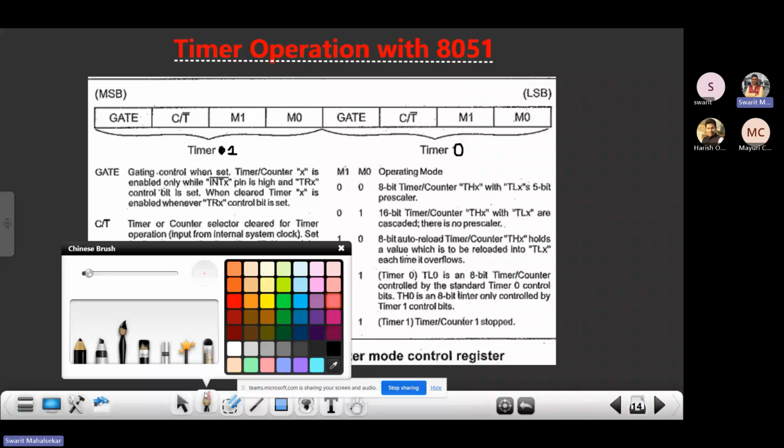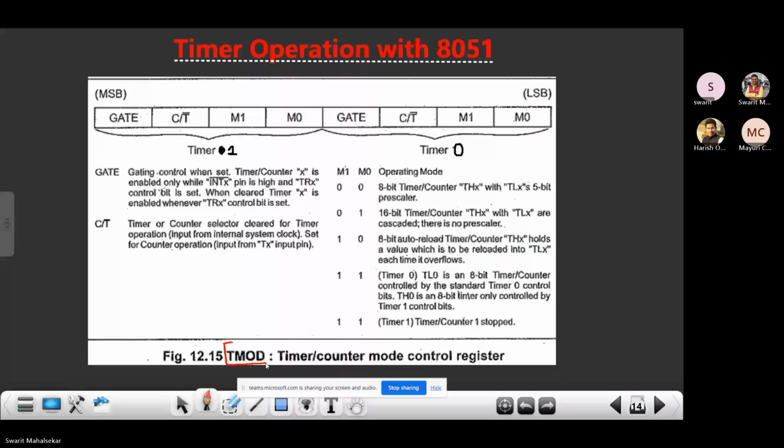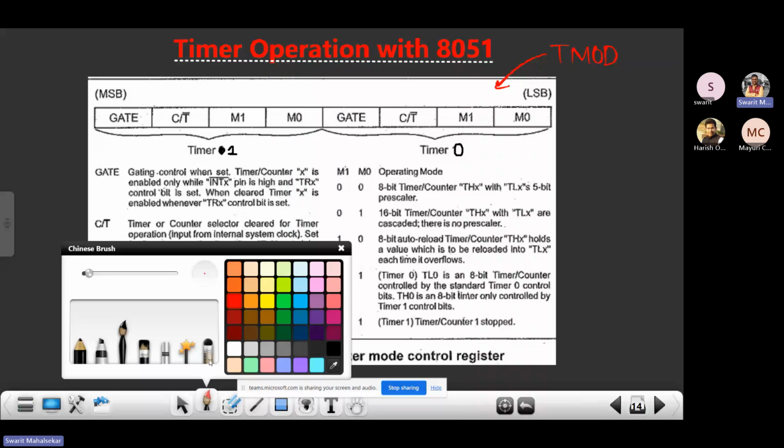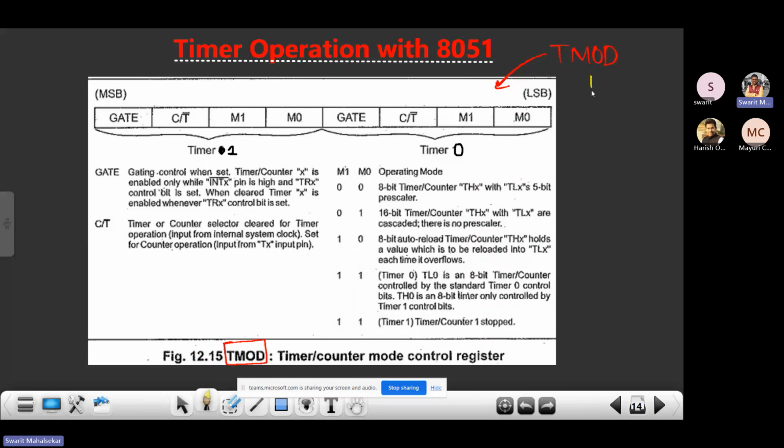It is an 8-bit register, or 1 byte, so it can store 8 different values, something like 0 1 1, eight 1s or eight 0s. Okay.